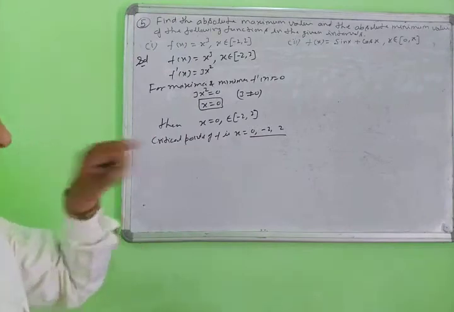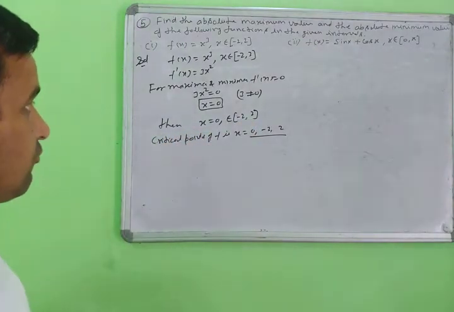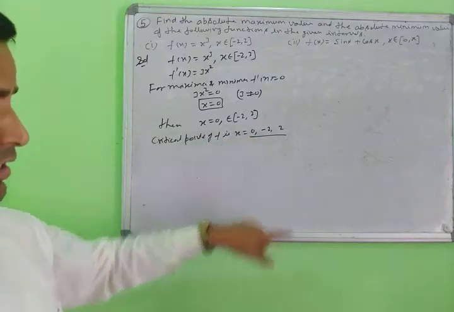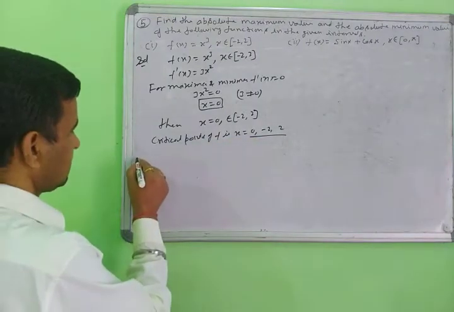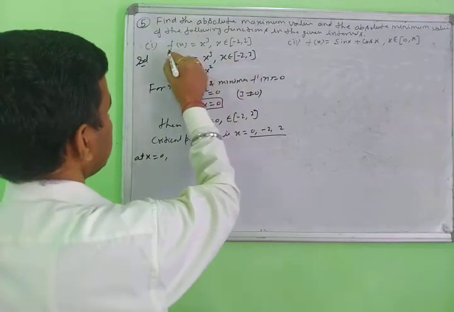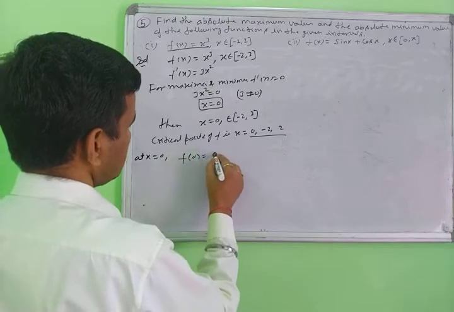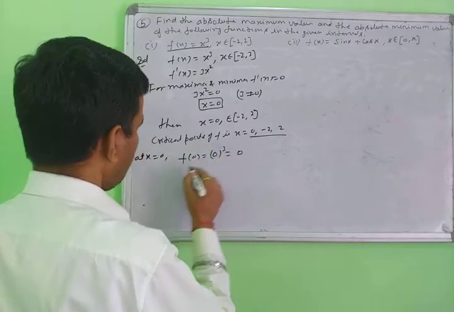Look very carefully: 0 and minus 2 and plus 2 here. Then find the value at all these points. Now at x equal to 0, putting the value in this function, f of 0 equals 0 cube, which means 0.